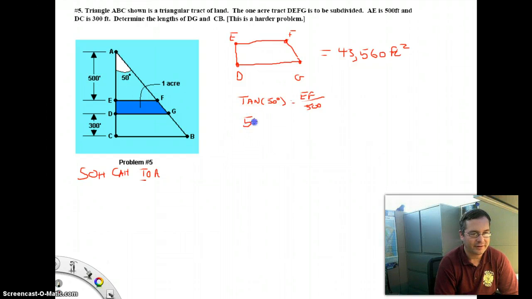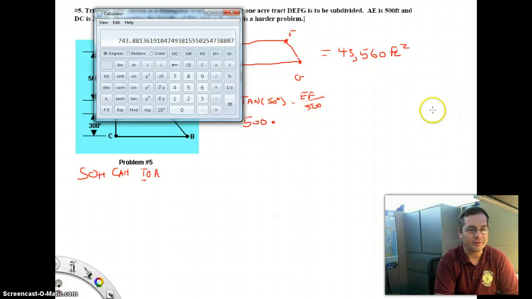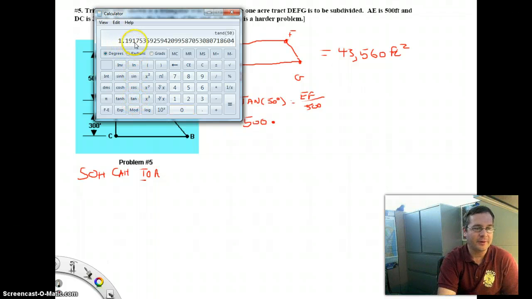And then per our usual procedure, we get length EF by itself by multiplying both sides by 500. So we have 500 times, and again we'll just use the calculator to find the tangent of 50 degrees, or you could look it up in a trig table. So 50, yes, we're in degrees mode. Here's the tangent key. So 50 degrees has a tangent of about 1.19, and if you think about what that means, it means that the opposite side is about 20% longer than the adjacent side.